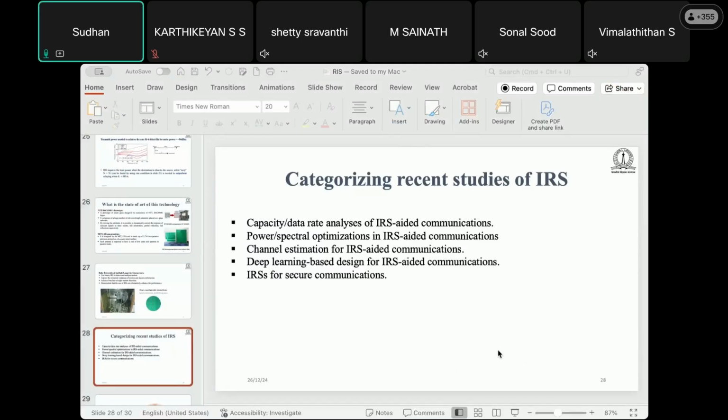Yes, sir. You see, usually it is supposed to be lambda by 2, that space difference. Initially, such studies said that the distance between two elements should be lambda by 2.